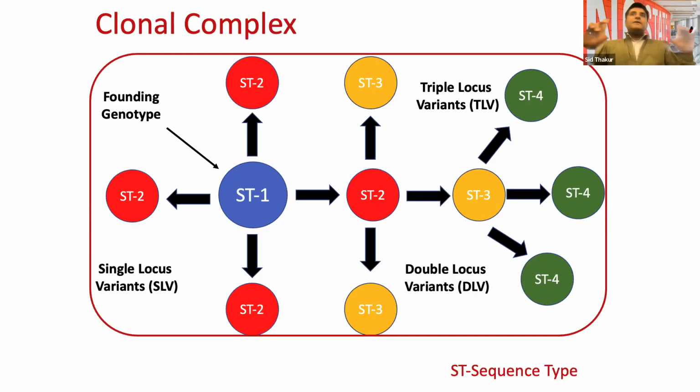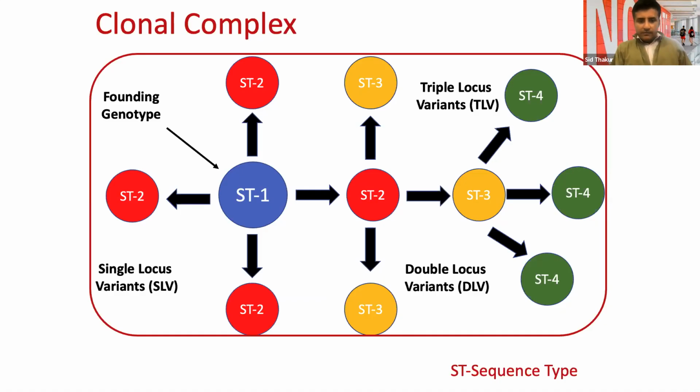But eventually something happens that this ST4 will diverge so much that you can't call it ST5. You're going to have to call it ST50 because it just picks up so much change. And remember, I gave the example of us, but we are talking about a pathogen in this case. It's faster, and that becomes clonal complex number 2.